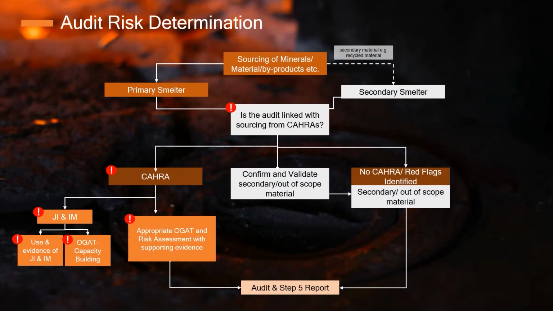Once again, to be clear, the audit firm must be confident of the audit risk prior to starting the site assessment, and of course, that relates to the time that's going to be allocated to conduct the work, and therefore it should be determined prior to agreeing the assurance or audit contract.